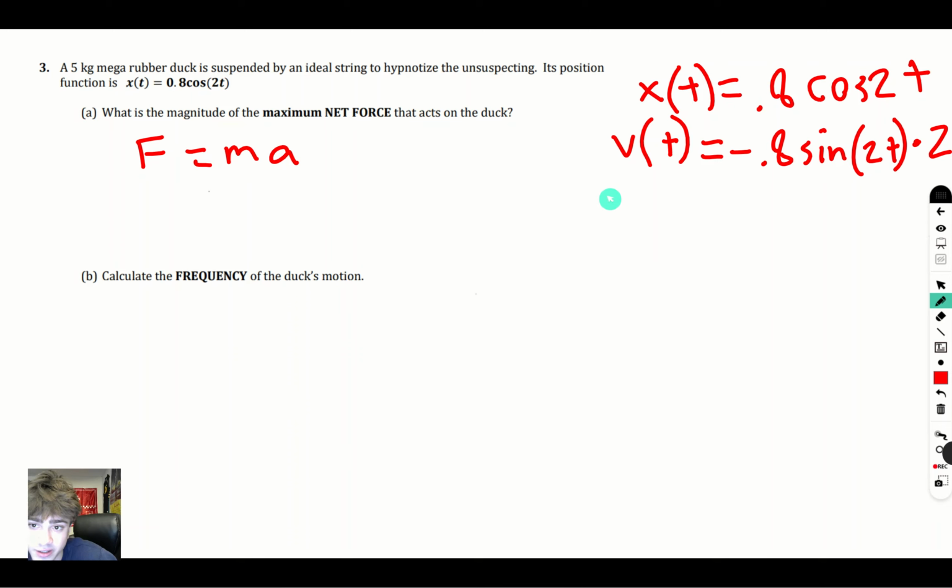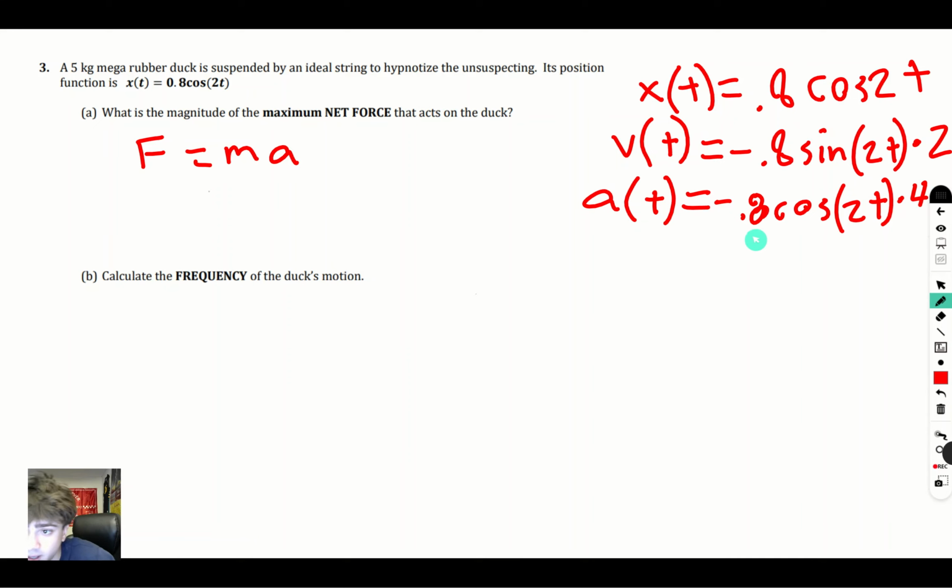And finally, to find our acceleration, that's just going to be the derivative of this, which will be negative 0.8 cosine 2t times another 2. 2 times 2 will be 4. We can move this 4 up front. 0.8 times 4 is going to be 3.2, so we'll have negative 3.2 cosine 2t.